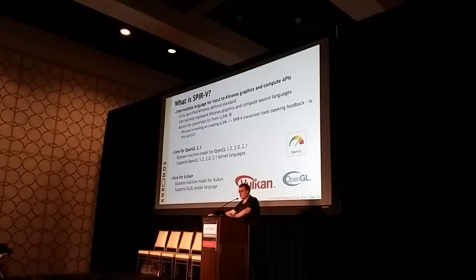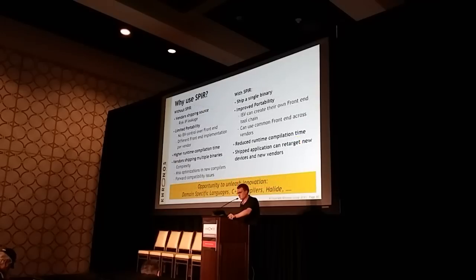It is a Khronos defined standard that's decoupled from LLVM. It's a core feature for OpenCL 2.1, exposing the machine models in a backward compatible way, so earlier shaders and kernels can compile into SPIR-V and still work. And it's also a core feature for programs supporting GLSL shader language.